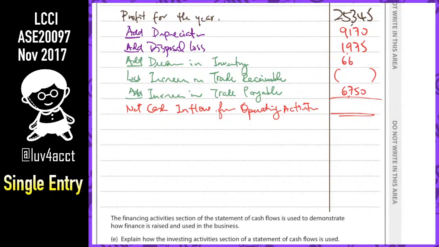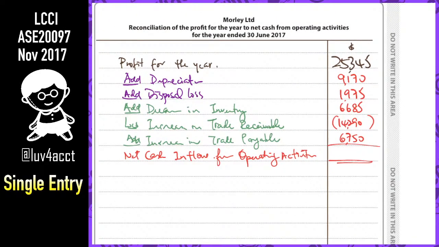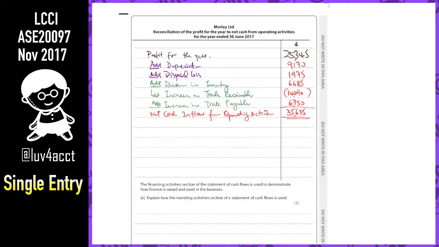Okay, so let us calculate. 1975. Three, 5, 6, 3, 5 positive.